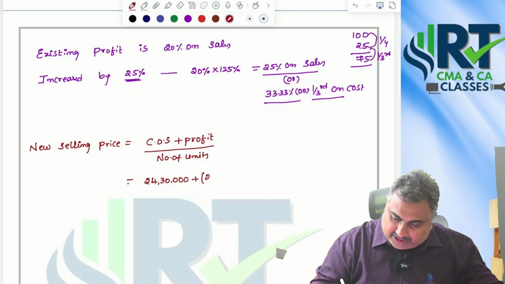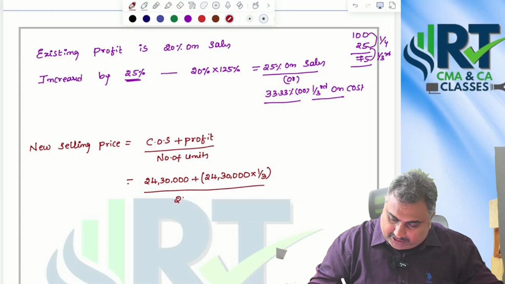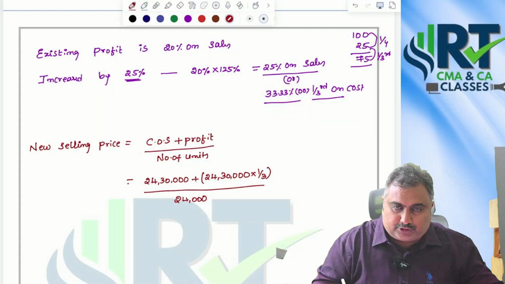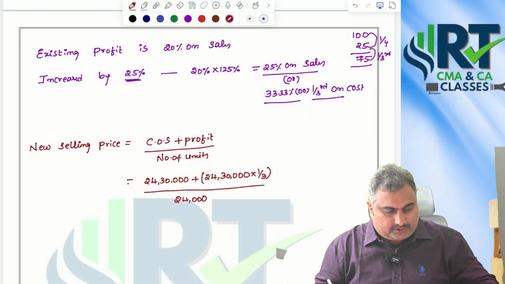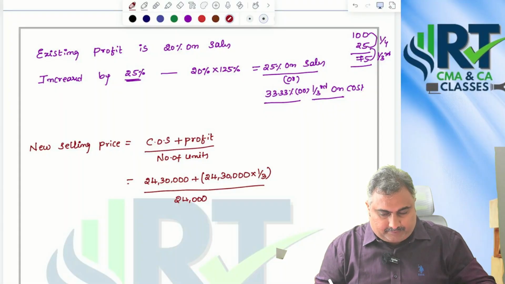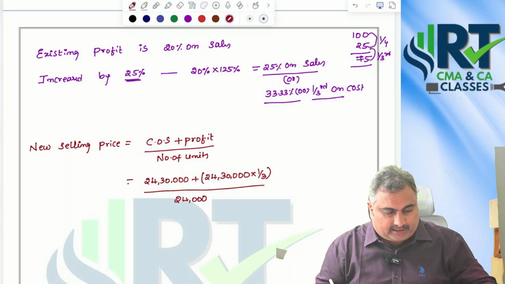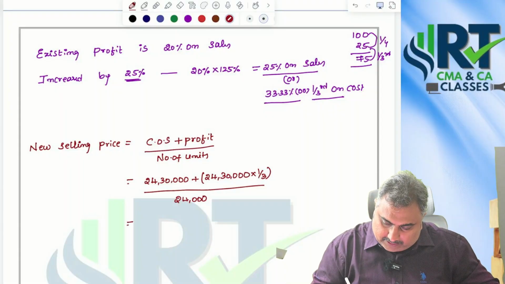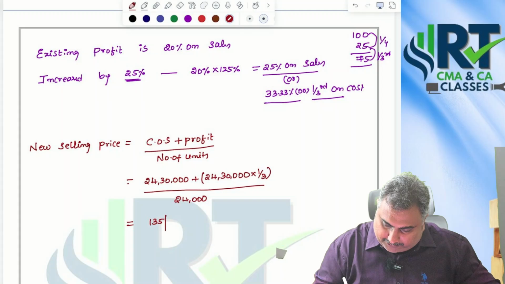How much profit are they expecting? On 24,30,000, cost 1/3 itself. After adding that, you will get total sales value. Then that should be divided by 24,000 units. 24,30,000 plus 1/3, that is 8,10,000, gives 32,40,000 divided by 24,000 units.